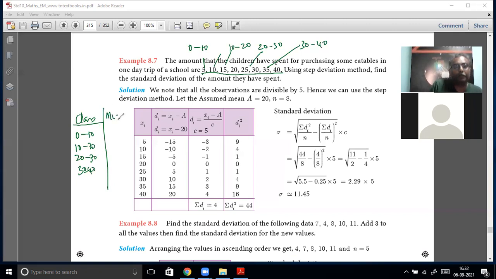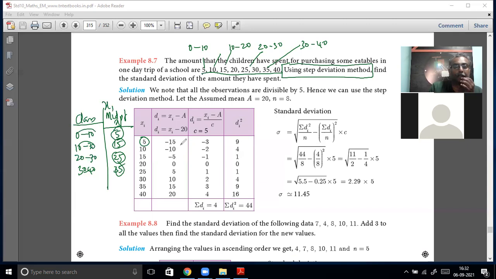And you will find the midpoint x. X will be the midpoint. Okay, 0 to 10, x will be 5. 10 to 20, it will be 15. Here it will be 25. Here it will be 35. This midpoint only will be your x of I. Here what this fellow is giving is directly x of I, because he is telling you to use step deviation method here. Otherwise, you don't have to use step deviation method.